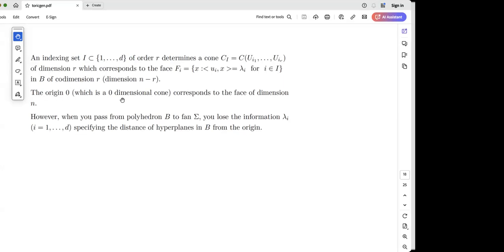The origin 0, which is a zero-dimensional cone, corresponds to the face of dimension n.